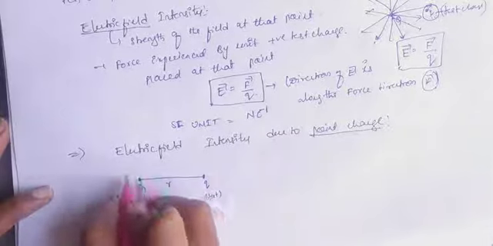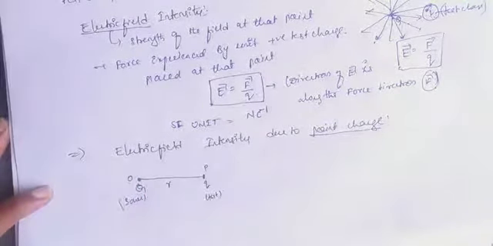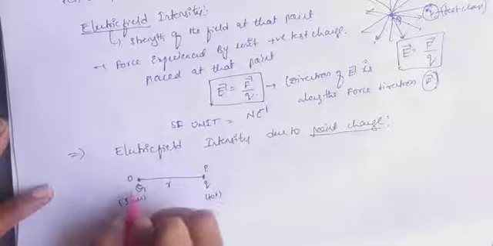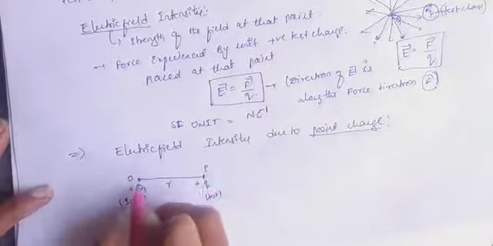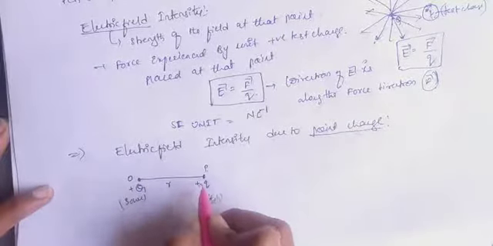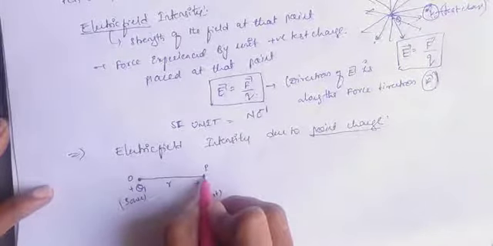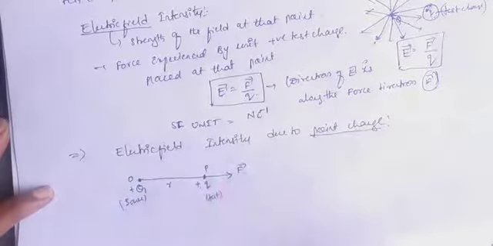The source charge is placed at point O, and the test charge is placed at point P. As both are positive, they are repulsive, so the force direction is in this direction.